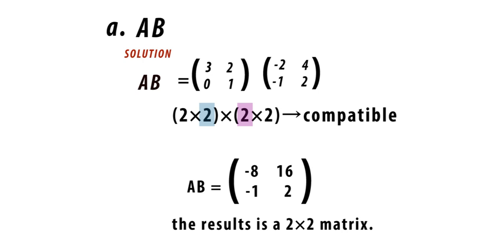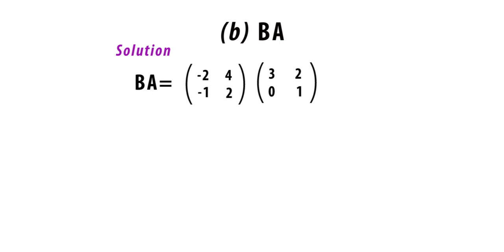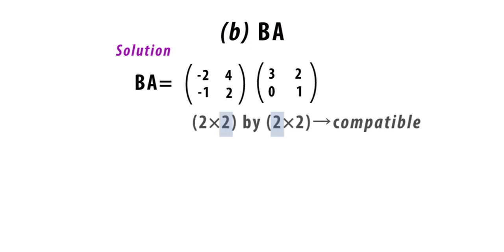Good. Let's take B. We want to multiply the matrix B by the matrix A. Solution. B multiplied by A is equal to the matrix negative 2, 4, negative 1, 2 multiplied by the matrix 3, 2, 0, 1. In this case, again, we have a 2 by 2 matrix multiplying a 2 by 2 matrix. They are compatible, so we can go ahead with the multiplication.